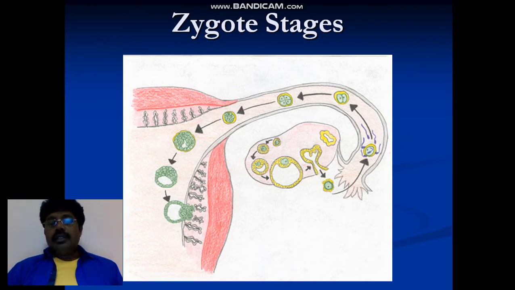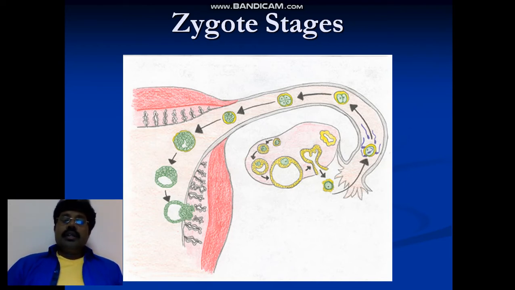The ovum gets into the fimbrial end and goes inside, and in the first portion of the tube itself, fertilization takes place. It sweeps along the fallopian tube and multiplies into 2 cells, 4 cells and multiple cells, and goes into the body of the uterus for placement. This is called the zygote stage.